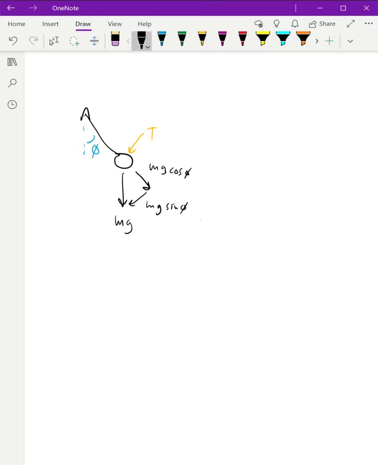and so our sum of torques is going to be equal to J theta double dot.